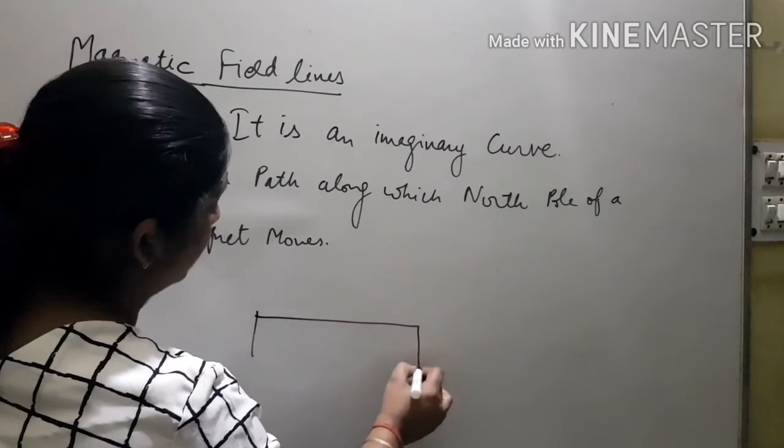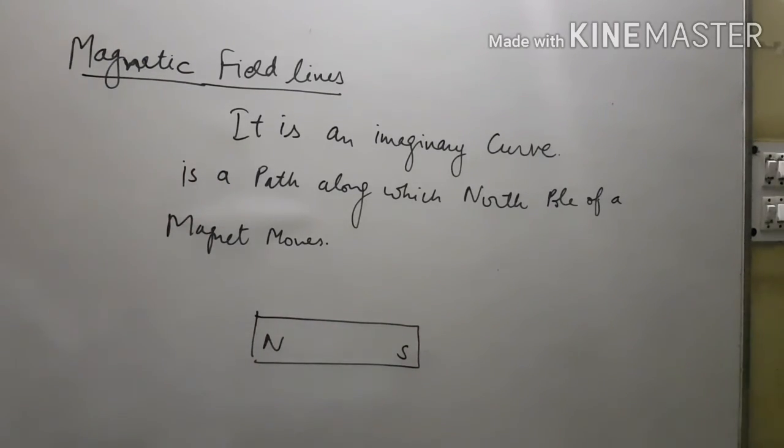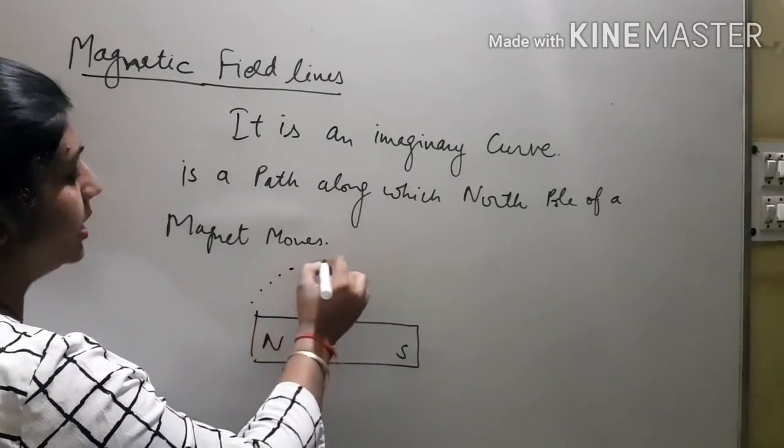How? If we take a magnet and keep a compass needle near it, you can see that the compass needle will turn, and we mark the points.